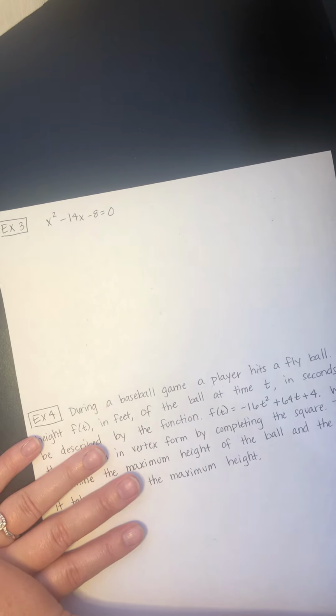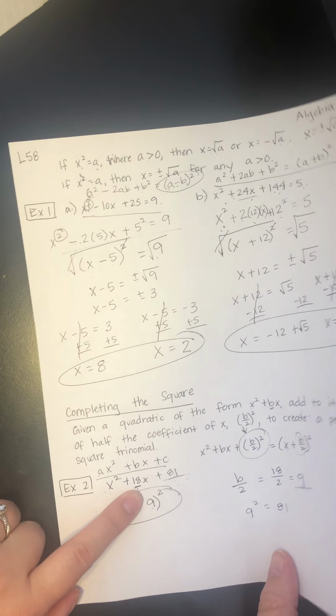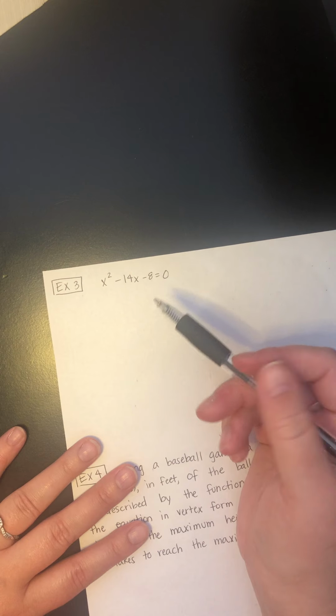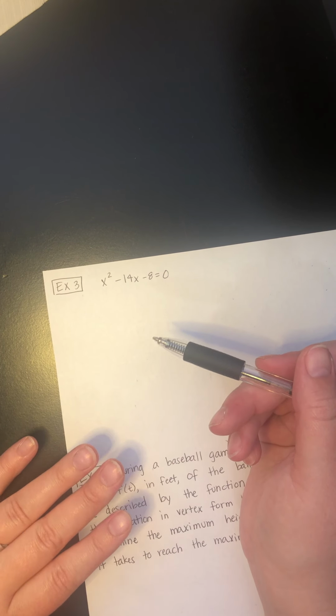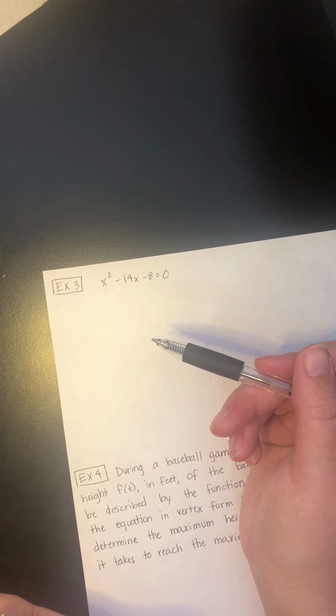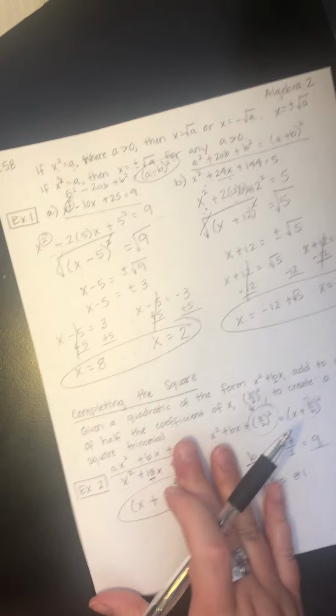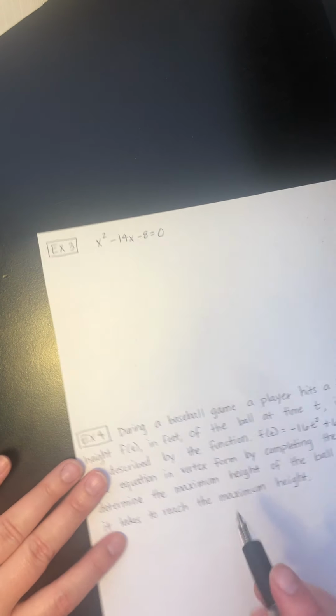Now, you can use this method to solve quadratic equations. That was just an expression, x squared plus 18x. Quadratic equation means it has an equal sign in it. So to solve this quadratic equation, we can complete the square. It needs to be in this form, x squared plus 18x, and then we'll have something on the other side of the equal sign.